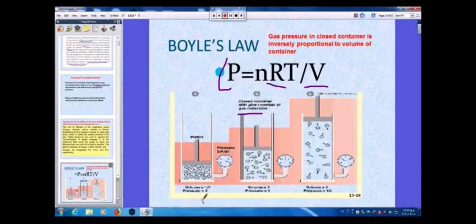Here you can see the volume is very low and the pressure is high, and this is the piston, and this is the pressure recorder.